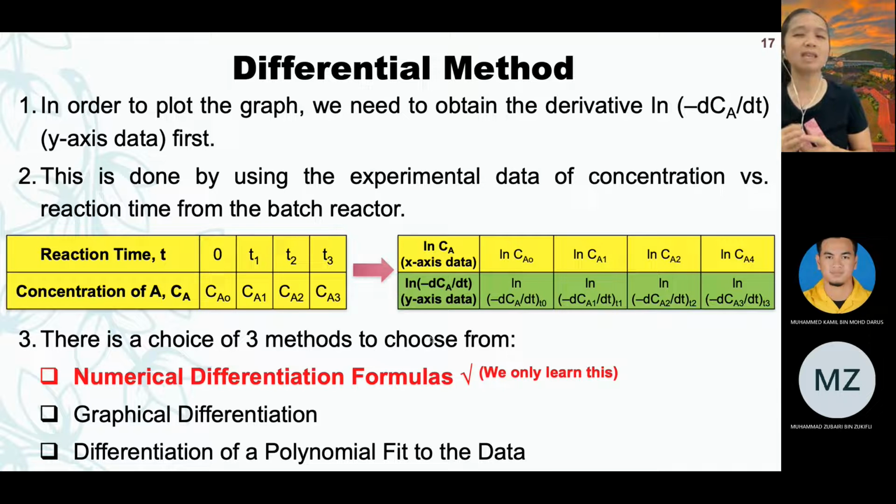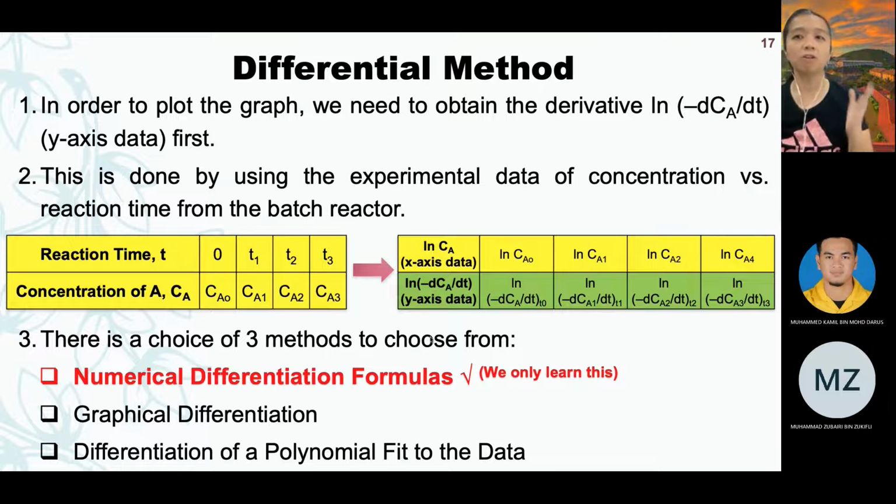But remember, I told you this method is troublesome because the formula is troublesome. One, second, the formula doesn't straight away find ln minus dCA per dt. The formula will only solve until you get dCA per dt. Means if we use this formula, we can only calculate up to dCA per dt.